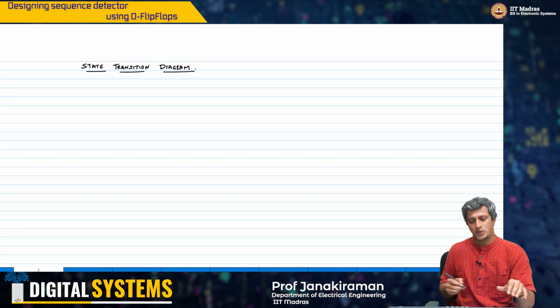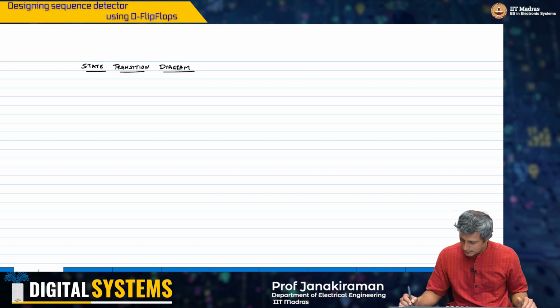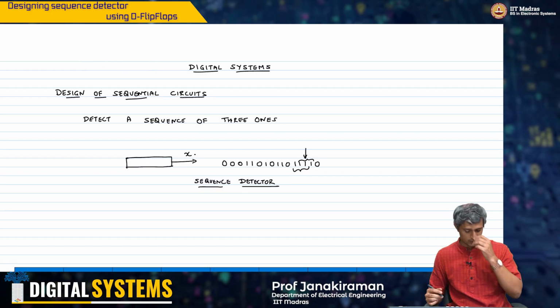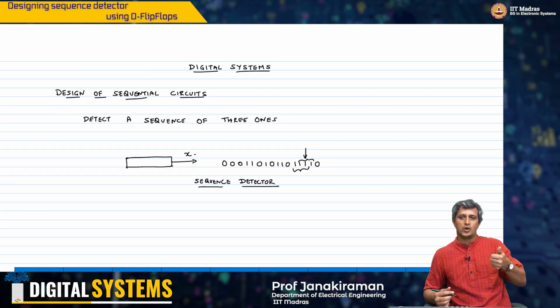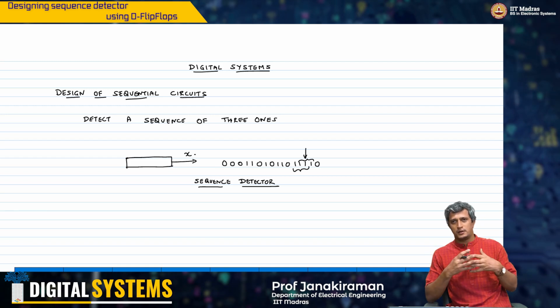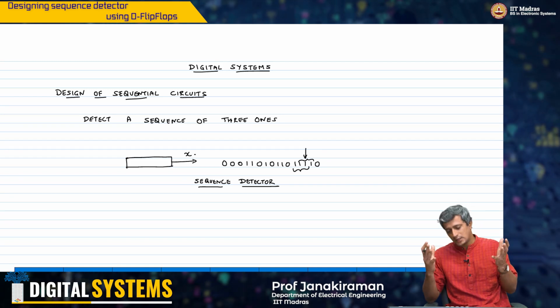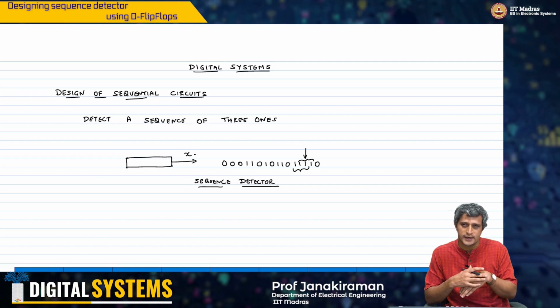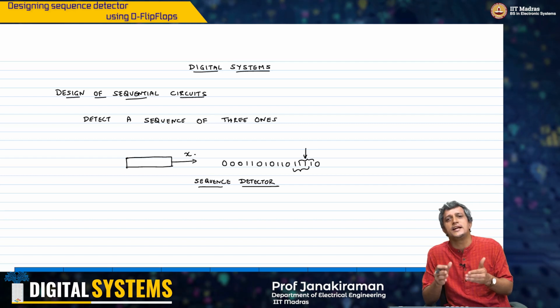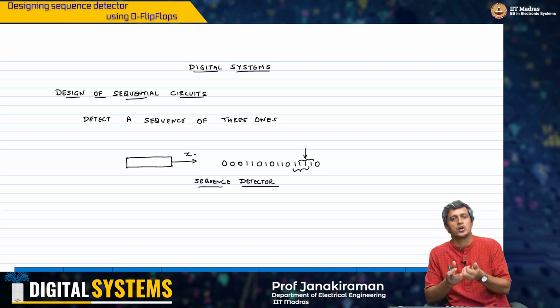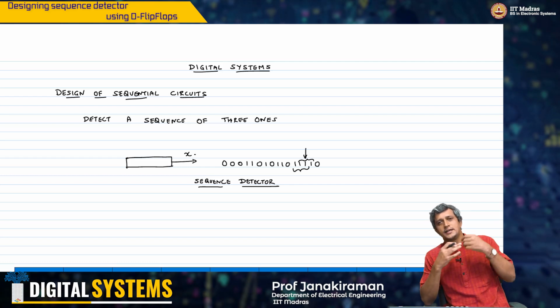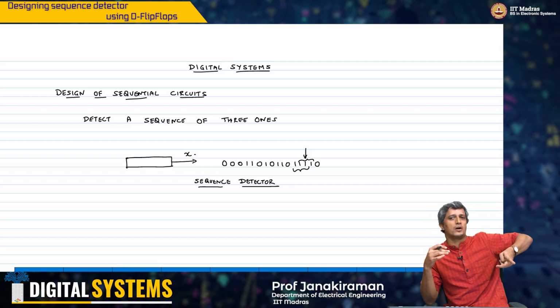So now let's go back and look at this first. The first thing is the flip-flops. Obviously, before we even get into that, it's quite obvious here that I need a sequential circuit. I cannot do this with a combinational circuit because I need to know what the previous state of the system was.